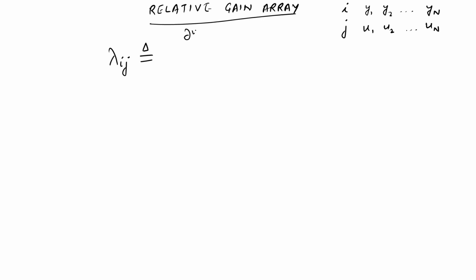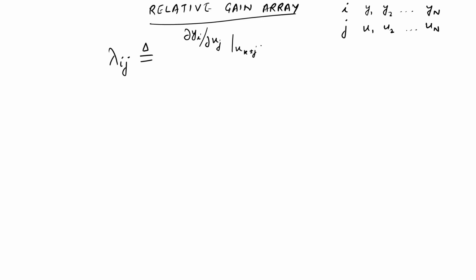the change in the output i per unit change in the input j, all other u's constant. What is held constant is uk, k not equal to j.